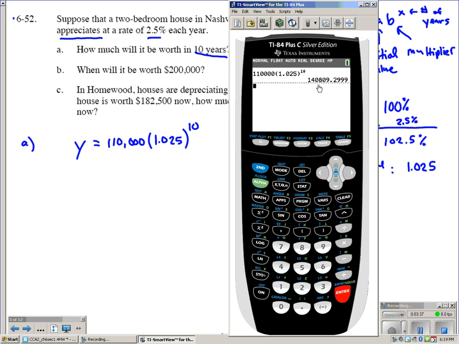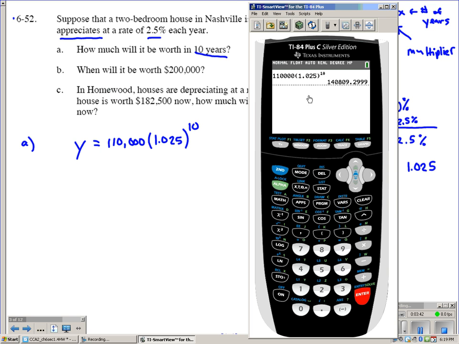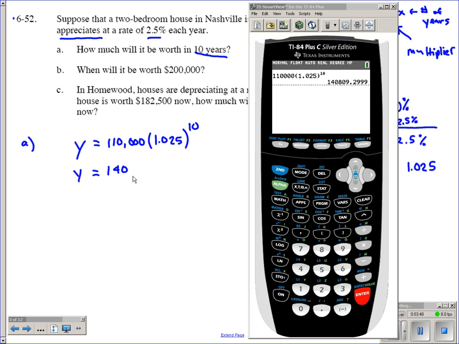Let me solve it there. We get $140,809 and about 30 cents. So in 10 years, that's how much that two-bedroom home in Nashville will be worth.